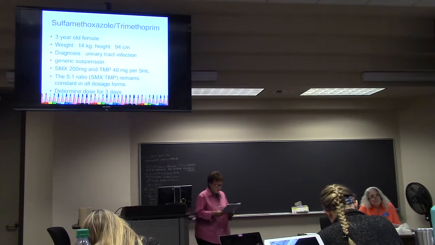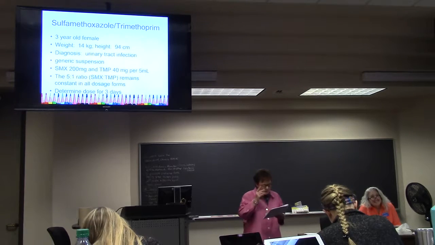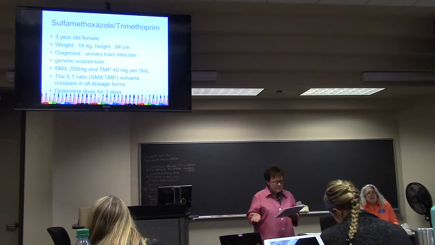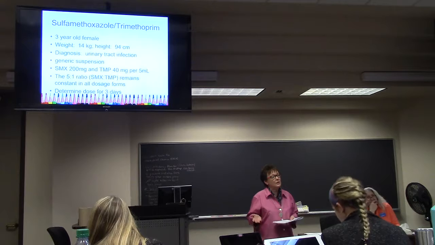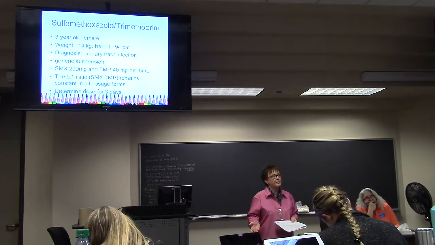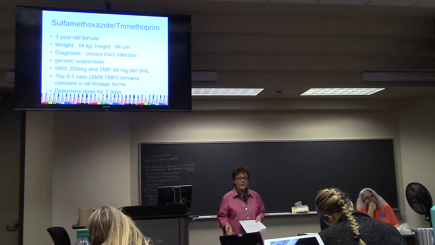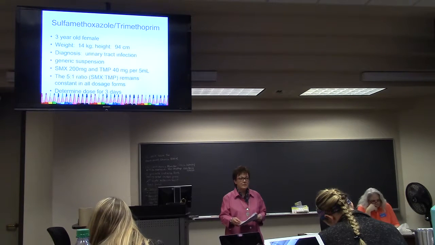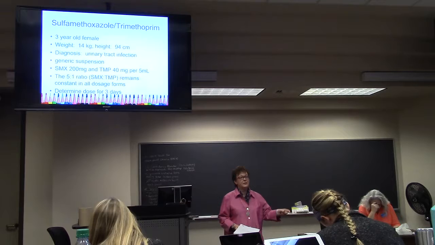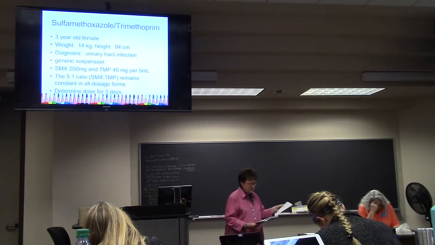Well, I gave that one to you. So the notes there: you have sulfamethoxazole 200 to trimethoprim 40 milligrams per 5 mLs. Determine a dose for 3 days. So you're going to determine the dose and then what they need for the 3 days.